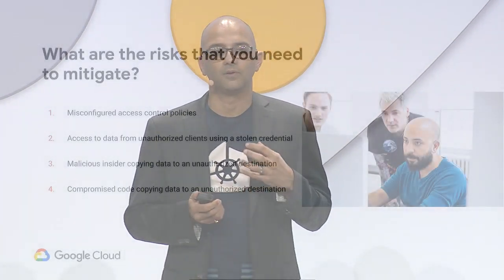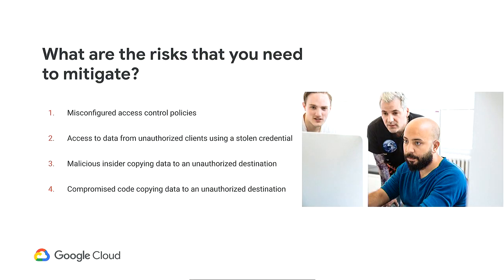So to expand that to a more technical level, what are the risks that you actually need to mitigate as part of your data exfiltration strategy? These are risks that can occur irrespective of a public cloud or not, so these are a generalized listing of risks. The first is you can have misconfigured access control policies. In many cases, your access control is delegated to a large number of people.